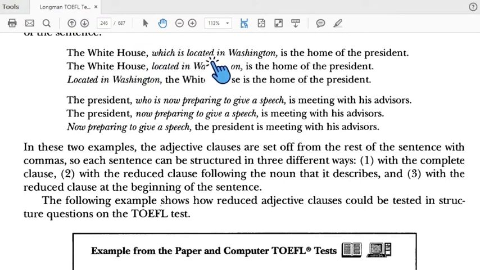This is a connector, which describes a noun here: which is located in Washington. Subject, verb. In this situation we can omit which and is, so we can erase both of them. So: the White House located in Washington is the home of presidents.